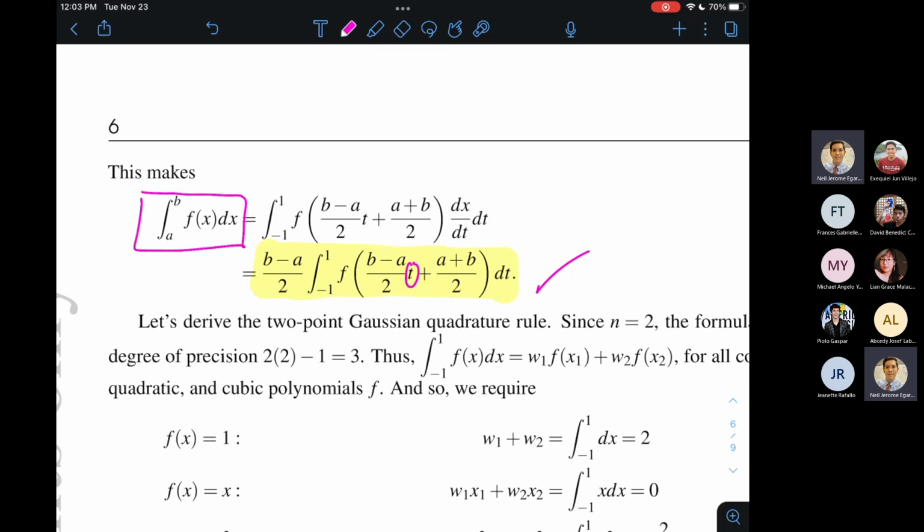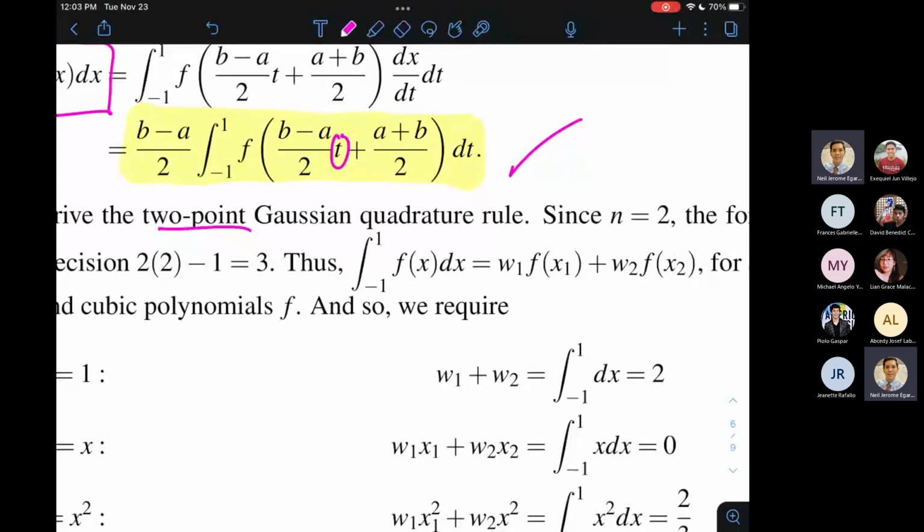I-assume muna natin na yung interval of integration natin ay -1 to 1. I-derive natin ano yung abscissas at ano yung mga weights associated with them. And then if we will use this quadrature formula para sa isang integral na ang integration interval ay other than -1 to 1, kailangan lang natin siyang i-rescale. Okay? So let's do the first thing first. Let's derive the Gaussian quadrature formula para sa interval -1 to 1 using 2 points.